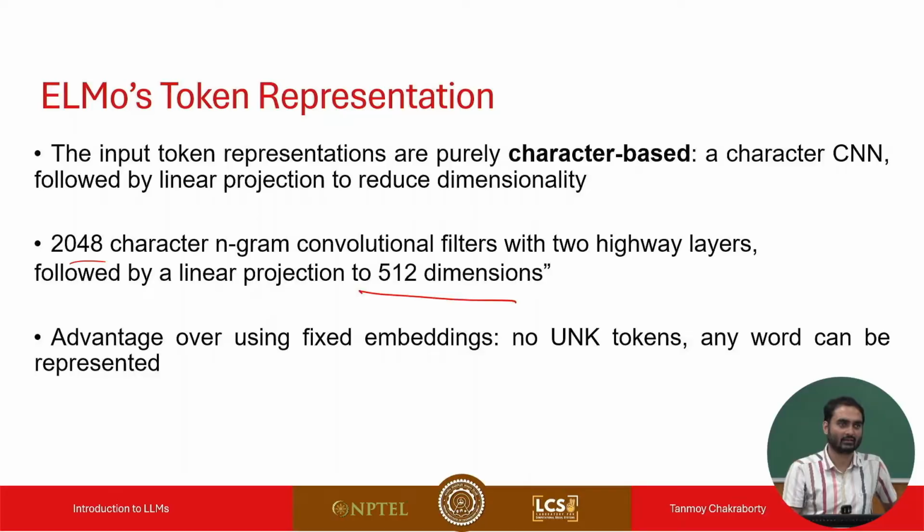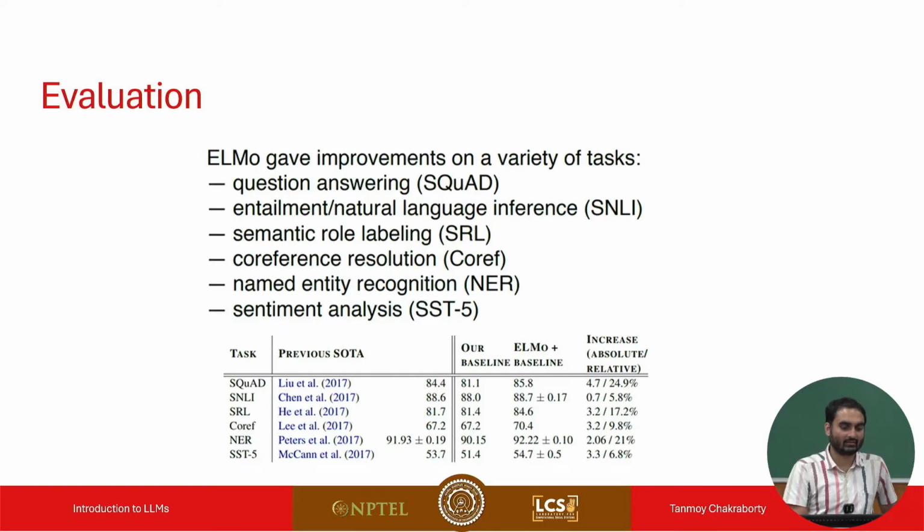Because character level encoding always helps you overcome the UNK token problem, right? Okay, let's look at the result very quickly. So ELMo was one of the first large scale models. Okay, million size models. I think 90 million or something like that. I forget the exact size.